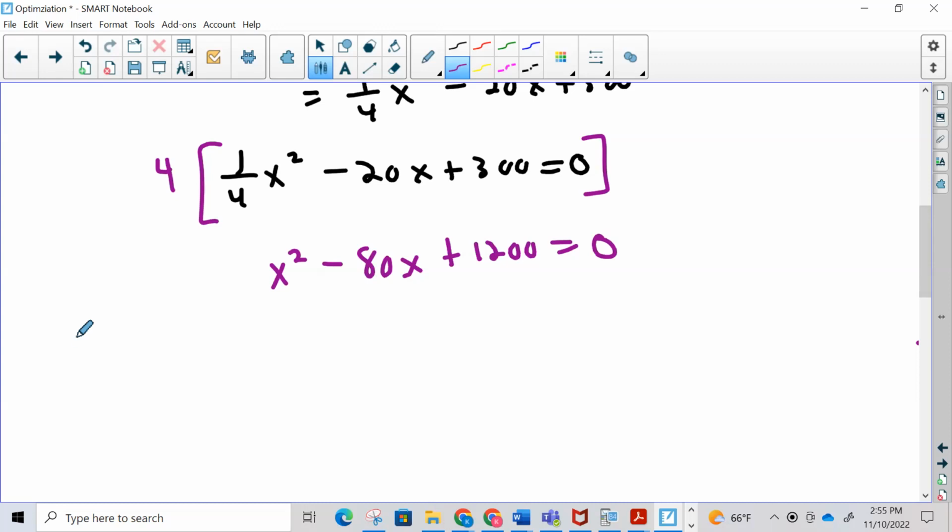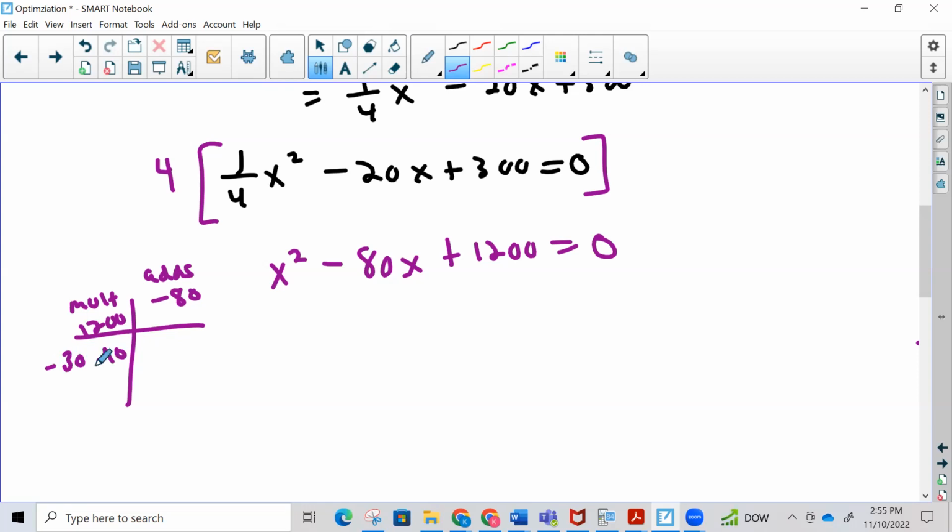Then I could factor this. So when we factor, we're going to figure out what multiplies to 1200 and adds up to negative 80. Again, if you don't like to factor, you could do the quadratic formula. So I think about 12, that's 3 and 4. So the options would be like 30 and 40, but they both have to be negative in order to get a negative 80. So if I do negative 30 plus negative 40, that's negative 70, so that doesn't work.